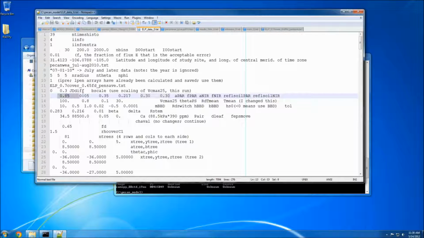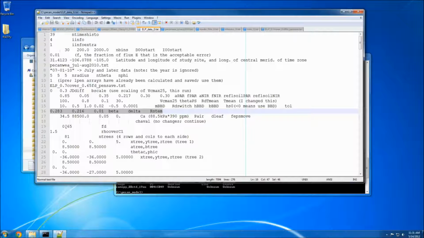All of these values are used primarily to calculate the secondarily scattered light from leaves that then reaches other leaves and helps drive photosynthesis and transpiration. Now the next set of parameters here are for the stress response of stomatal conductance to water stress.